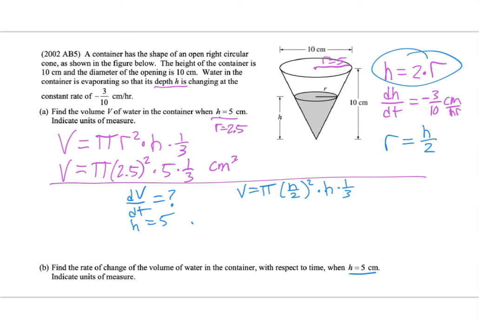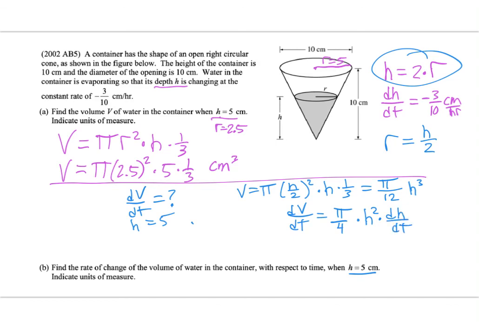All right, we're going to combine some stuff. So we've got pi, 2 times 2 is 4 on the bottom, times 3 more is 12, and then we got h cubed. Okay, taking the derivative, dV/dt is going to be, bring the 3 down, we get pi over 4 instead of pi over 12, times h squared times dh/dt.